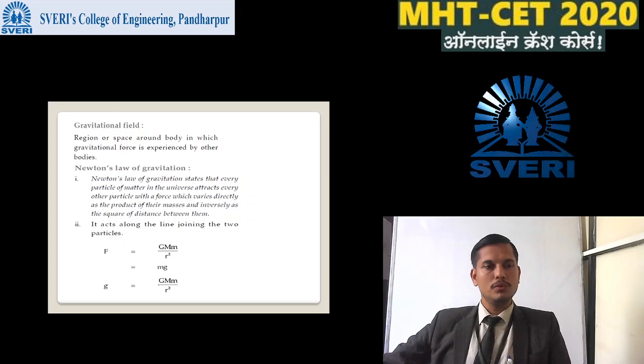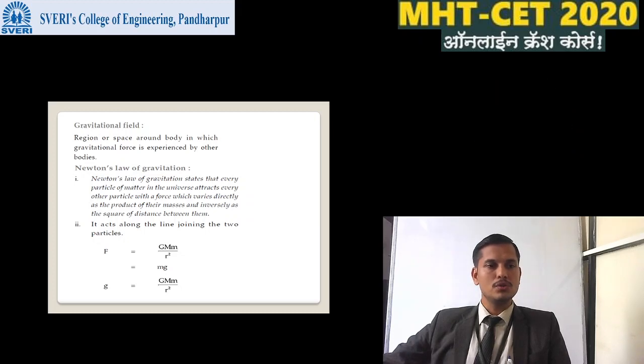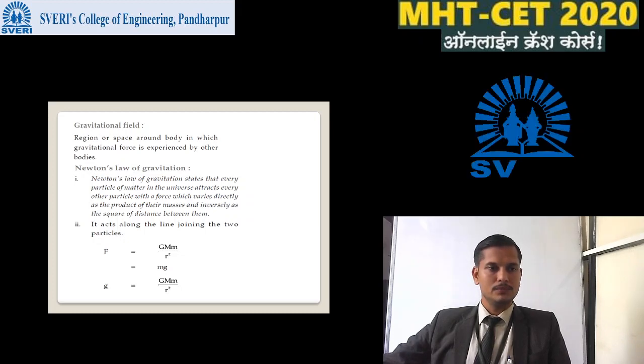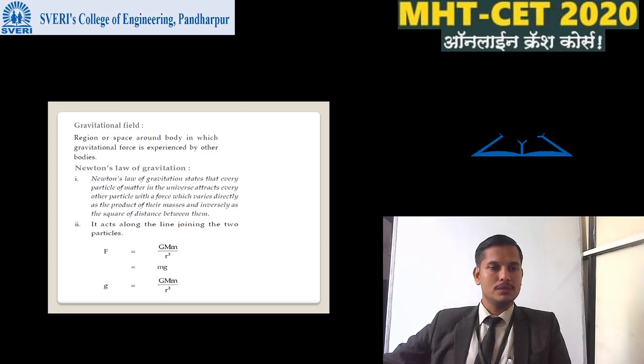Now let us move to the next point, that is Newton's law of gravitation. So we read it first. Newton's law of gravitation states that every particle of matter in the universe attracts every other particle with a force which varies directly as the product of their masses and inversely as the square of the distance between them.